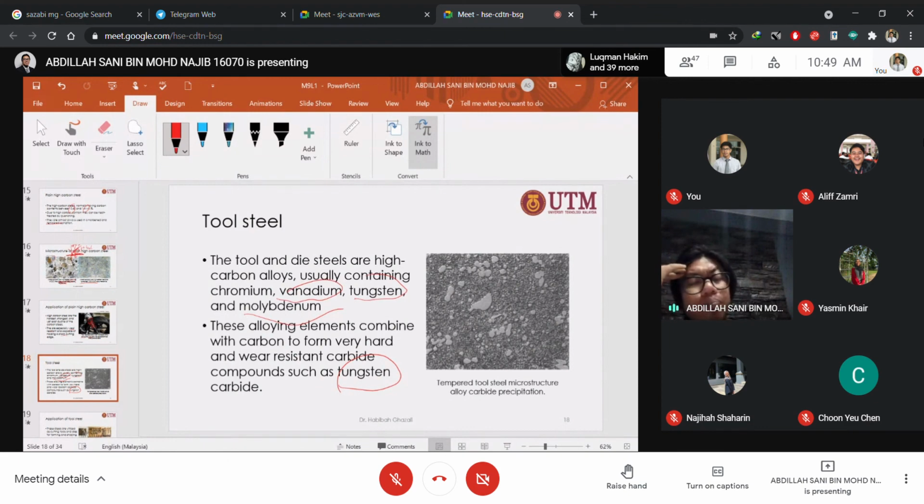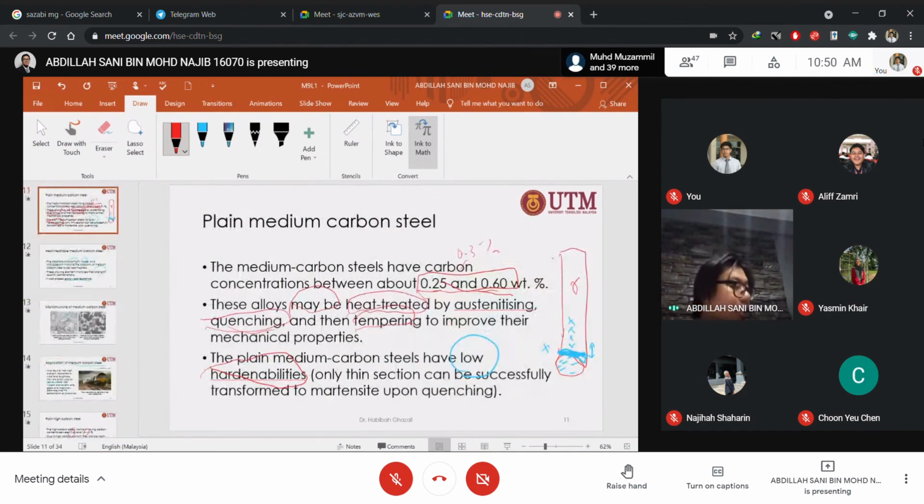So it forms carbide with tungsten, and tungsten carbide is very hard and used as a material for tooling, and this makes the steel a tool steel.